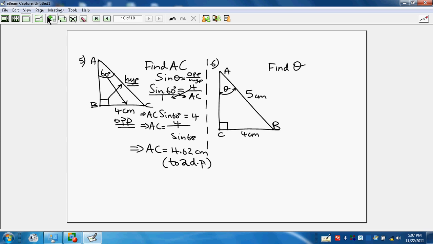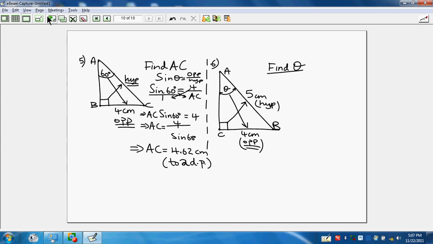So let's see what happens. In this case, you want to find theta, and you are given the side that is opposite to theta, and you are given the side that is opposite to the right angle, which is the hypotenuse. So you ask yourself, which ratio out of sine, cosine, and tan connects opposite and hypotenuse?